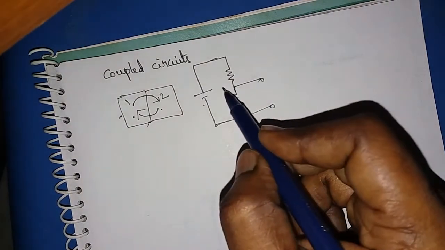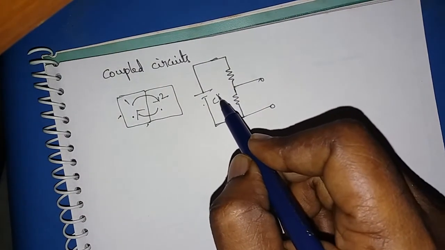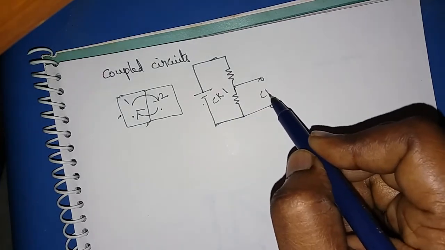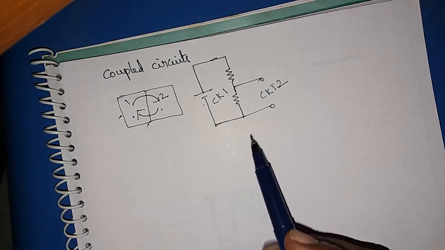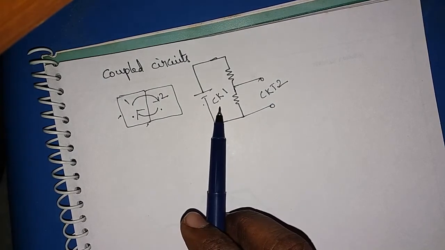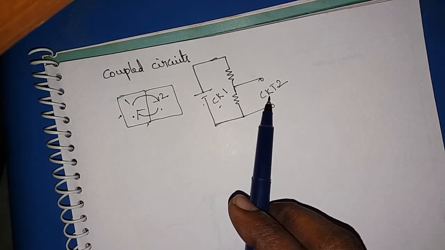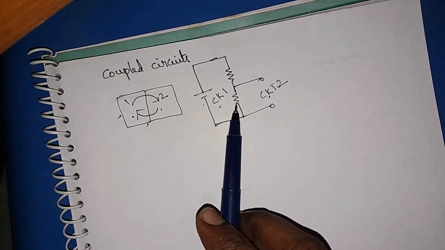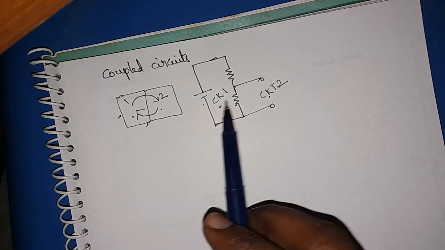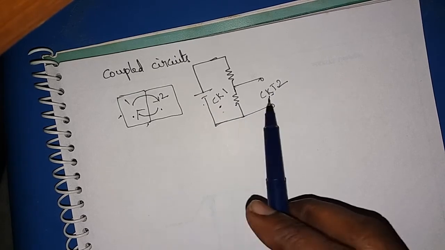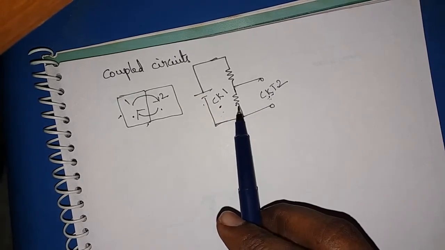Now, this is circuit 1 and this is circuit 2. From circuit 1, energy is transferred to circuit 2 through the resistor. The link between these two circuits is this resistor.